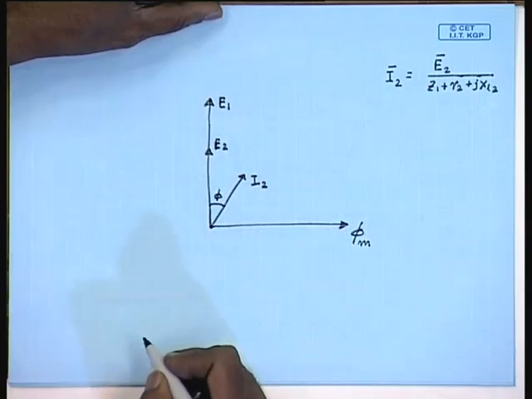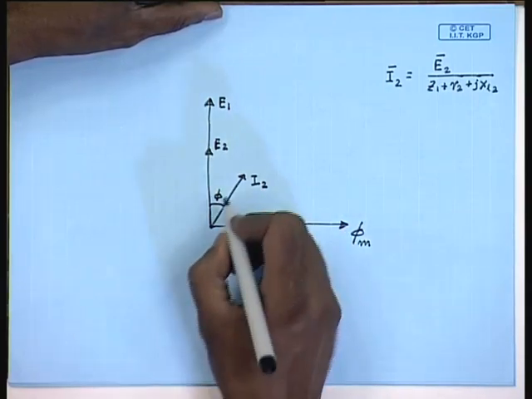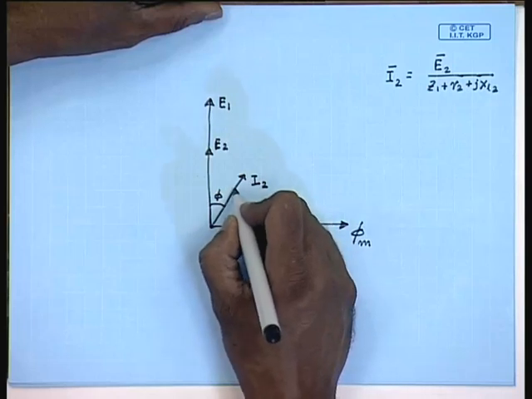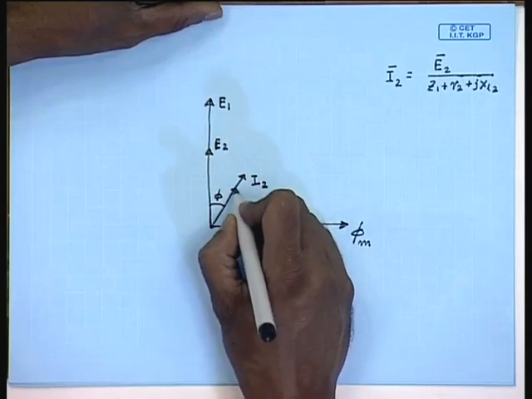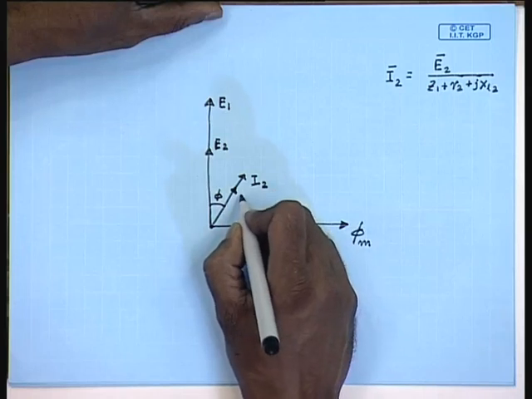The phasor I2 dash will be in phase with I2 and will be in fact a scaled version of I2.